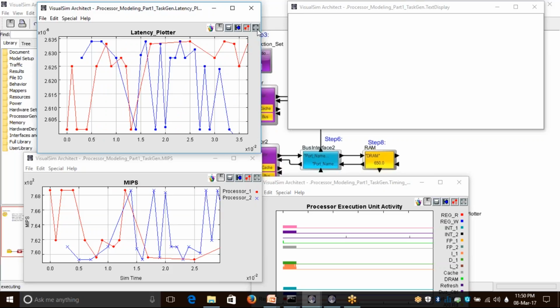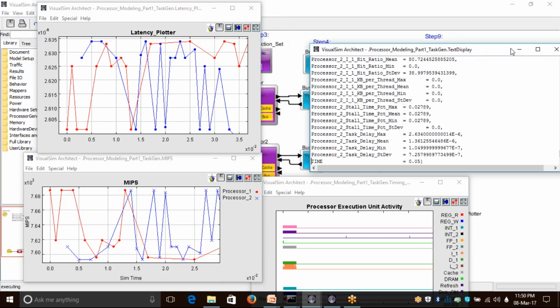But if you look at this particular model, what we are looking at is not just the time a processor takes to execute, but we are also considering the total time it takes to get the data or instruction from the external memory itself, because that is where most designs have the problem.